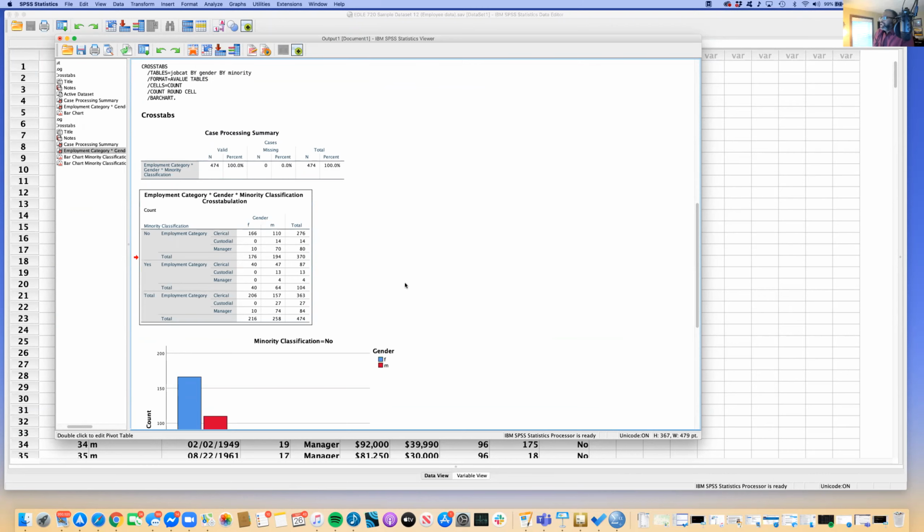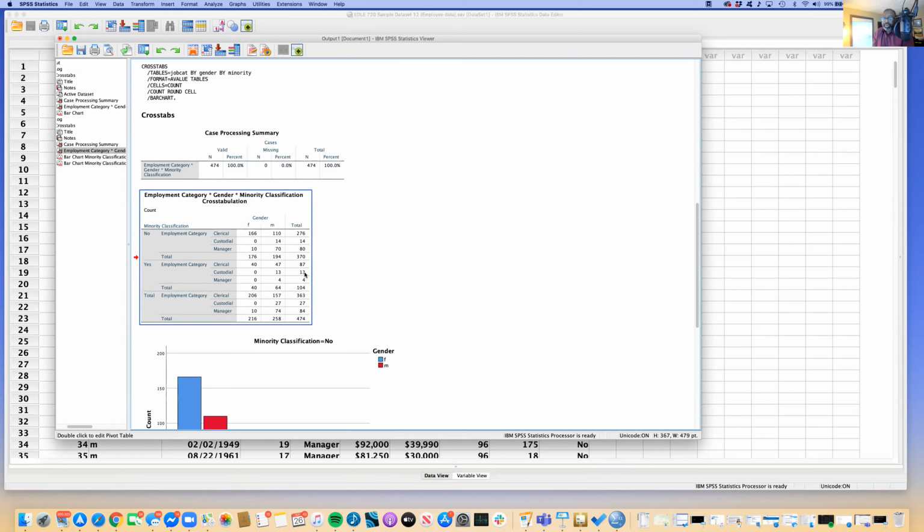Great. All right. Dr. Munn, is there a difference for what you put in the row and column? I just want to make sure. Can you put any variable in the row or any variable in the column, or does it have to be a certain order? No, they do not have to be a certain order. You could put gender in the column or gender in the row and put employment category, job category in the column.